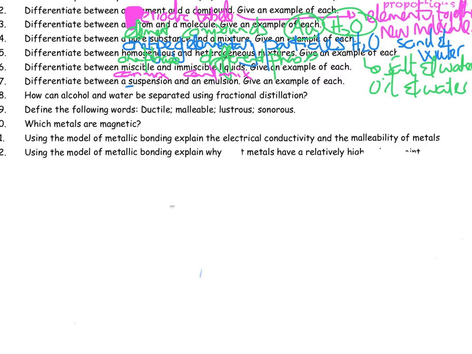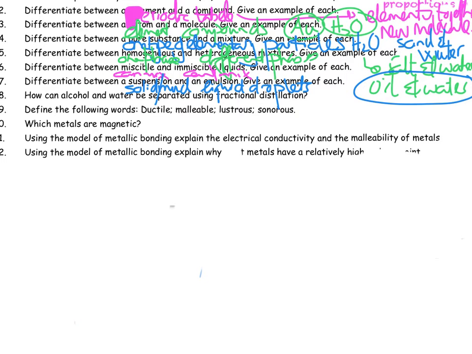A suspension is solid particles in a liquid, whilst an emulsion is liquid droplets in a liquid. That would again be if you shook up oil and water, or cream in milk, whilst the suspension is mud, for example, because it is sand in water or something like that.